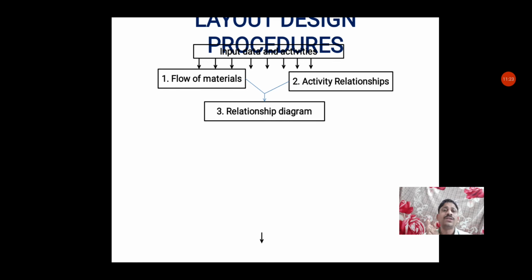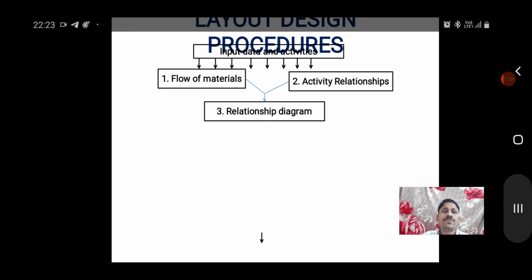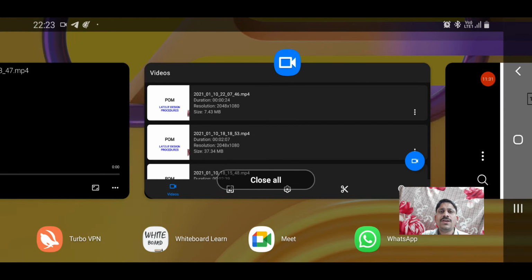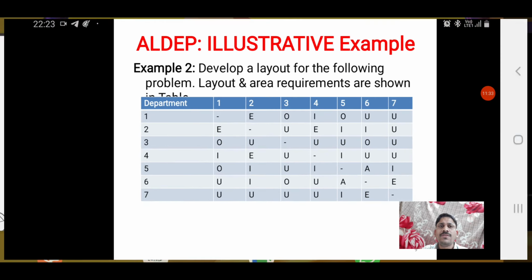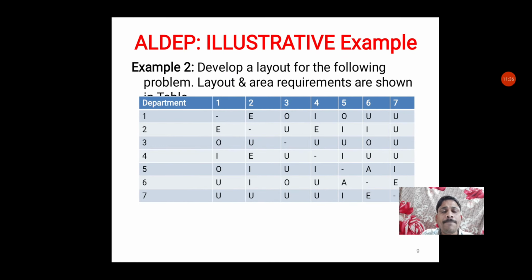I will show you what this relationship chart, relationship diagram is now. See here, this is the relationship diagram. This is an example problem, but you consider this table as the example of a relationship diagram. Here, if you see, there are 7 departments in the manufacturing unit: 1, 2, 3, 4, 5, 6, 7.